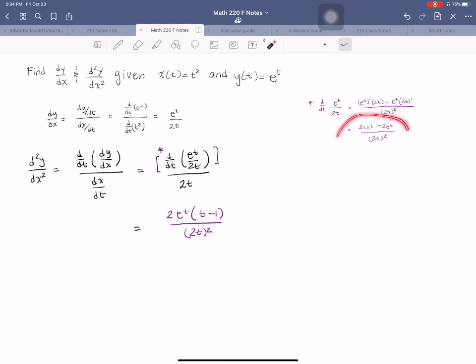There is this same derivative, just simplified a little differently. I factored out the common terms, and I'm purposely not multiplying anything yet, so you'll see why in a second. And then this whole quantity is divided by 2t. So this is 2e to the t times t minus 1 divided by 2t quantity squared times 1 over 2t.